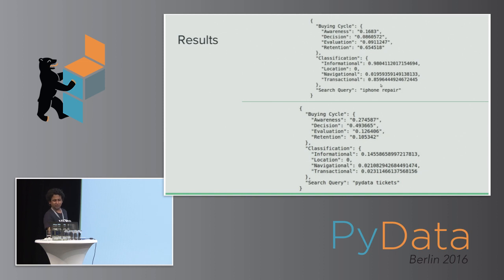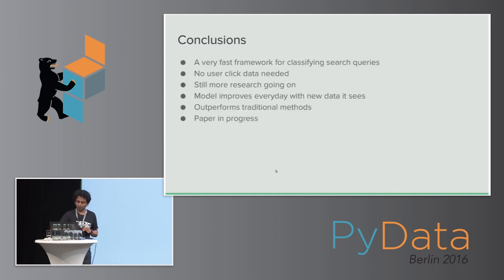It's more of a transactional keyword, or maybe you want information about how to repair your iPhone. It's in the retention phase, which is very difficult to distinguish from other phases. And PyData tickets: you want to make a decision, you want to go to PyData, you're looking for the tickets. It's a decision buying cycle, but the probabilities of the other classes are not so good here.